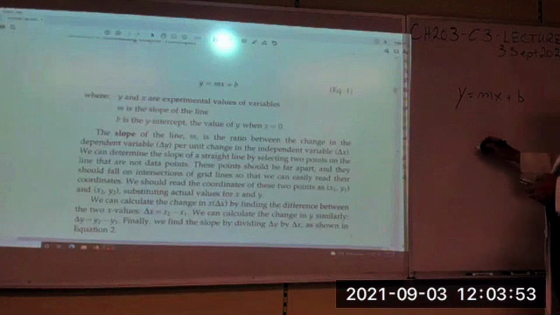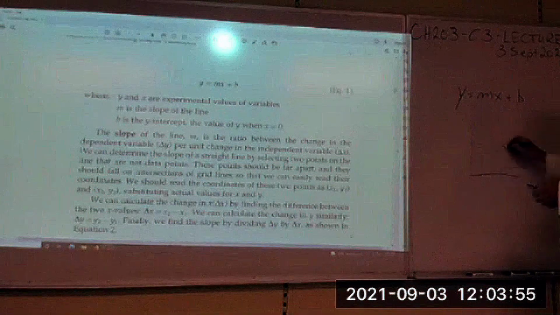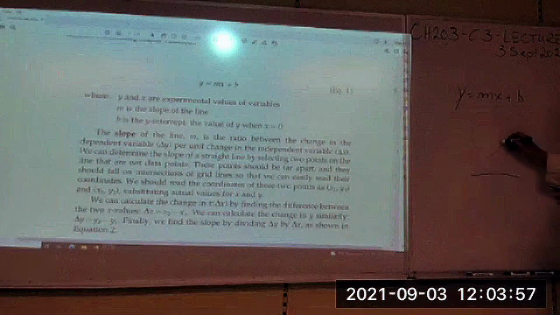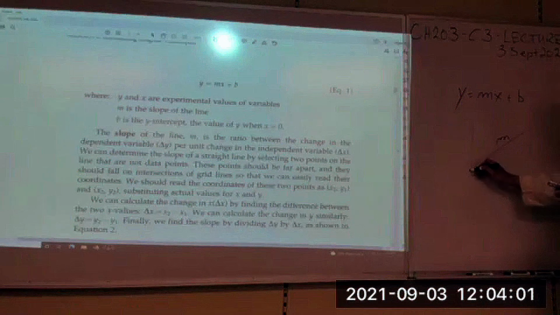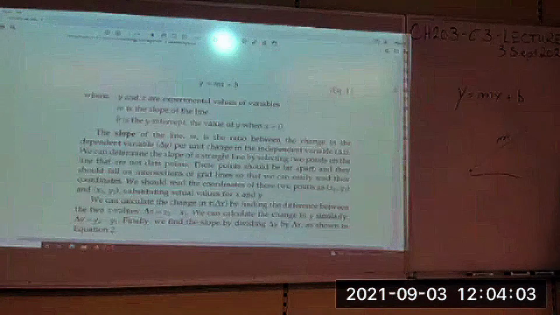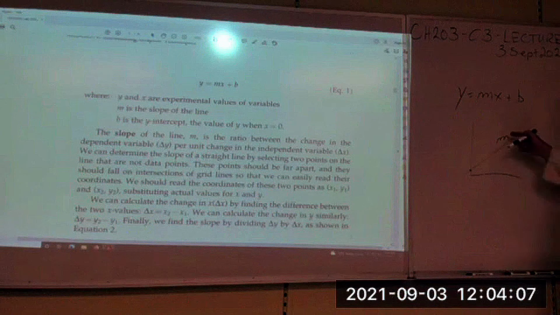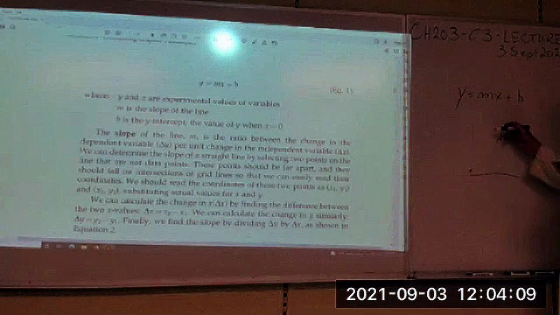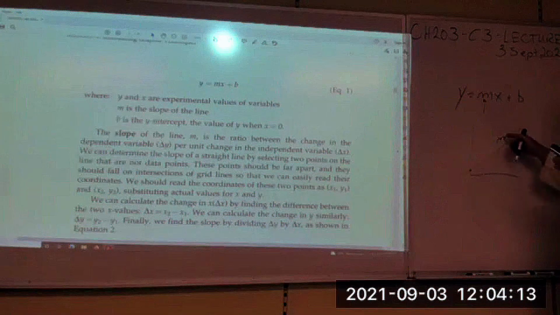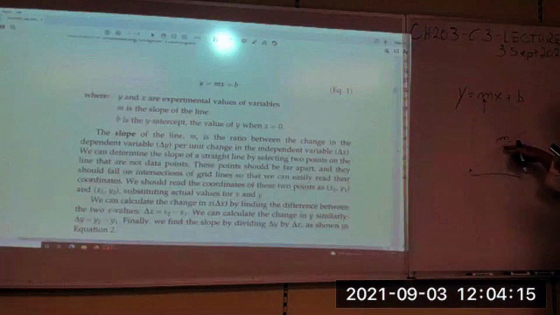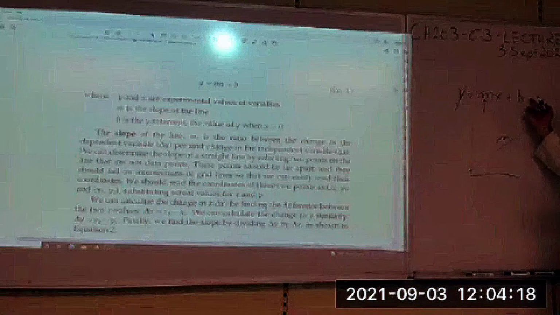So if we determine the slope of this line to be m, whatever it is, how do we find out what the y-intercept is? All you have to do is, now you know m, plug it in here, and then find any point on that line, plug in the value of x and y for that point, and solve it for b.